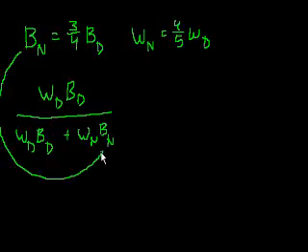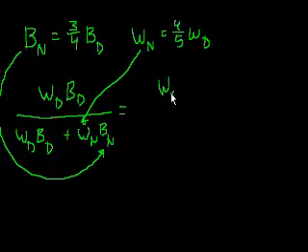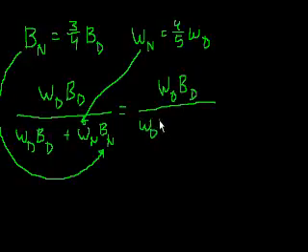They tell us what B sub n is, the boxes per night crew worker, and they tell us what the number of night crew workers is in terms of the day crew workers. So let's just substitute. So this is equal to day crew workers times boxes per day crew worker, divided by day crew workers times boxes per day crew worker, plus, what is the number of night crew workers?